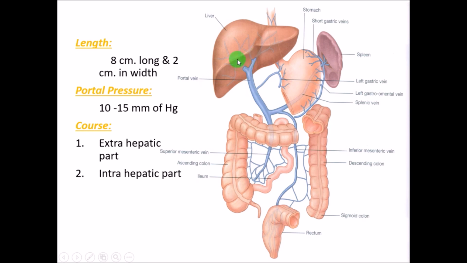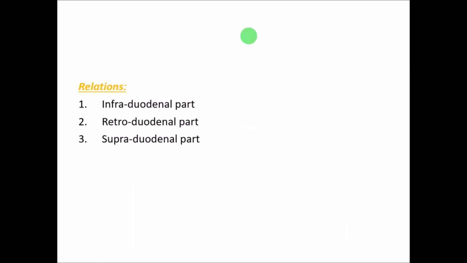But once it branches, it goes inside, and again it further branches into smaller veins. So there is an intrahepatic part inside the liver, also part of the portal vein and its branches. So there is an extrahepatic part which is outside and an intrahepatic part which is inside the liver.